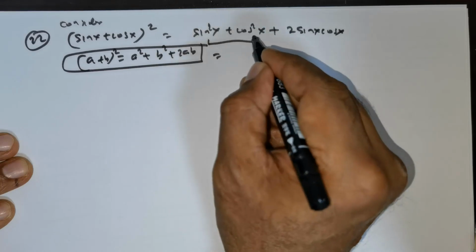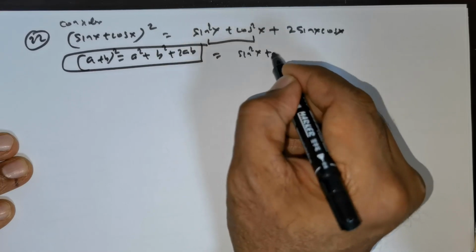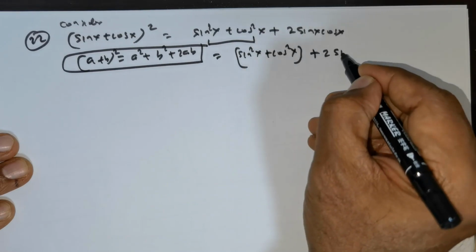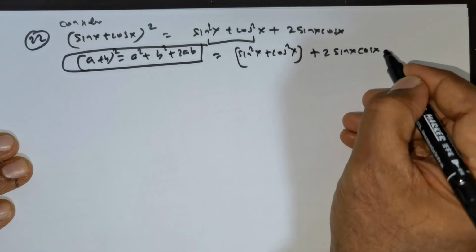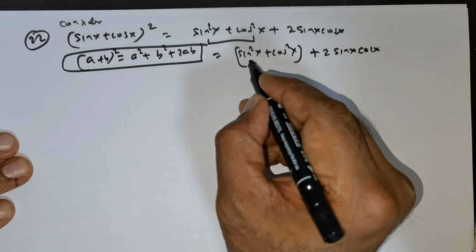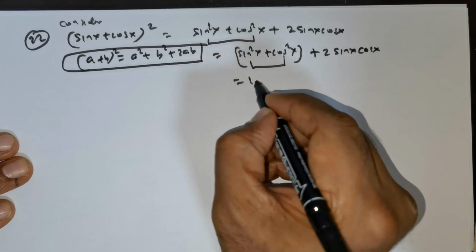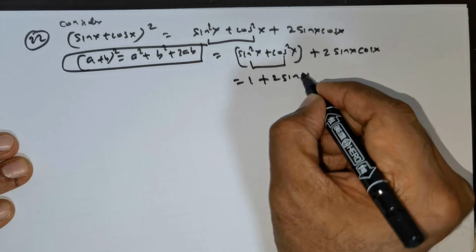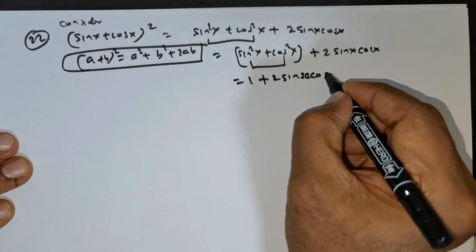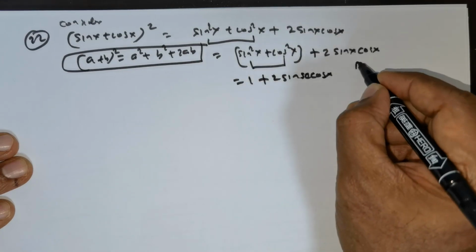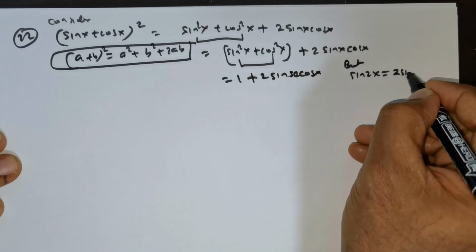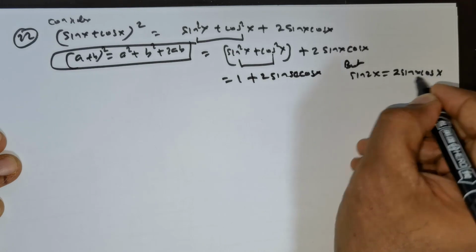Now you can club these two together, sine squared x plus cos squared x and 2 times sine x cos x. Now sine squared x plus cos squared x is equal to 1, followed by 2 times sine x times cos x, but we know that sine 2x is equal to 2 times sine x cos x.